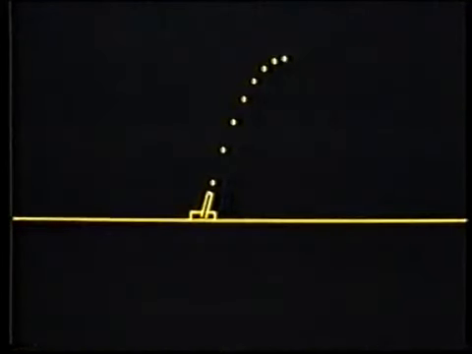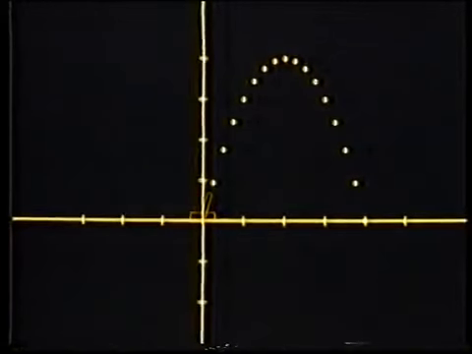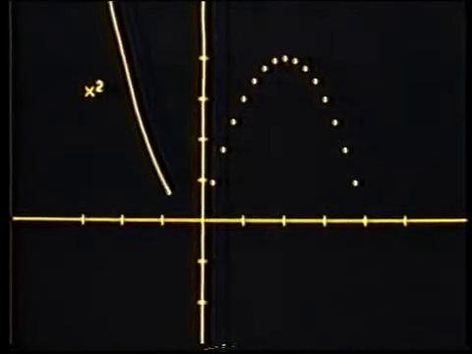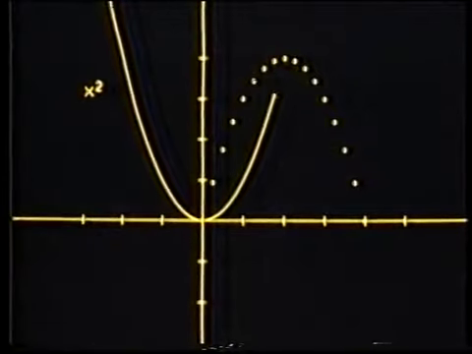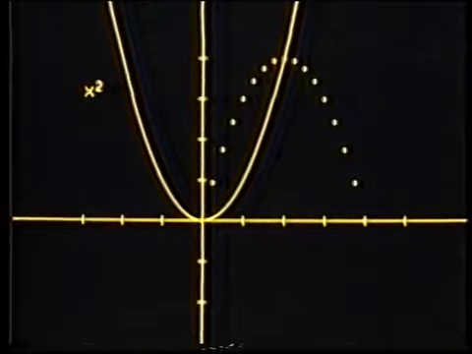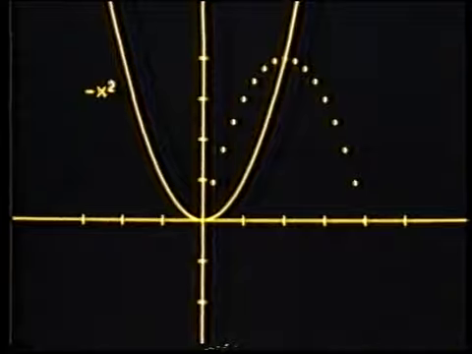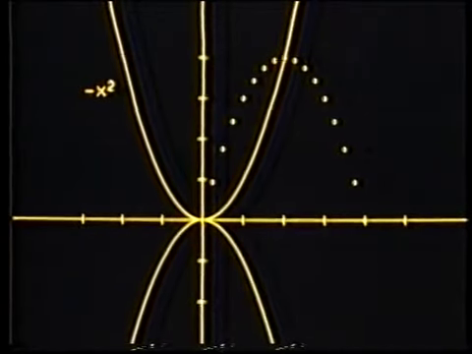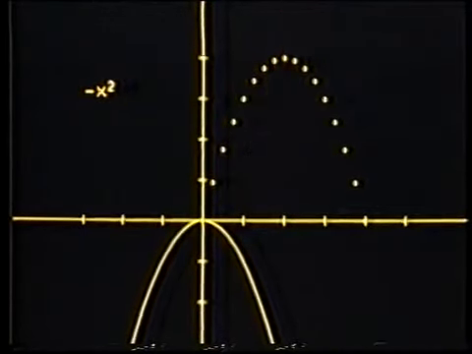We're looking for the trajectory of the ballista, and we can think of the trajectory as the graph of a function. But what function? The graph's a curve. So let's try the simplest curve we know, x squared. That's no good, it's the wrong way up. Try minus x squared. That's better, it's the right shape, but in the wrong place.